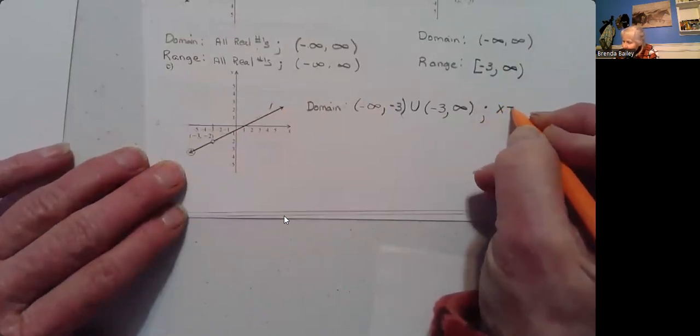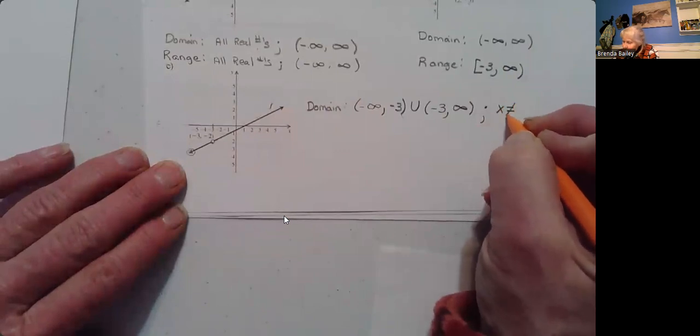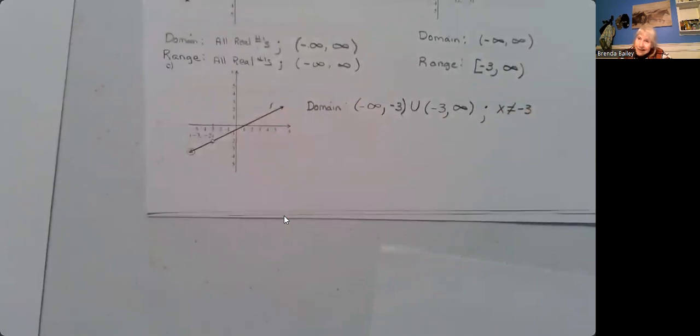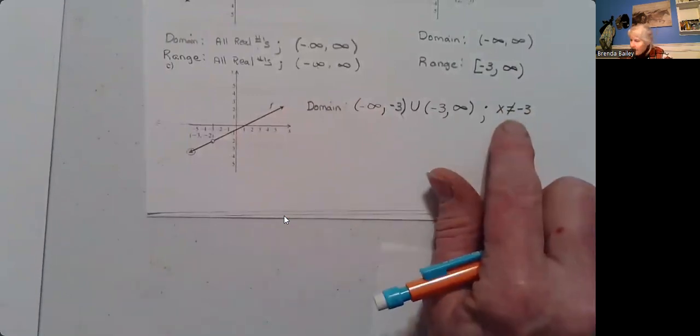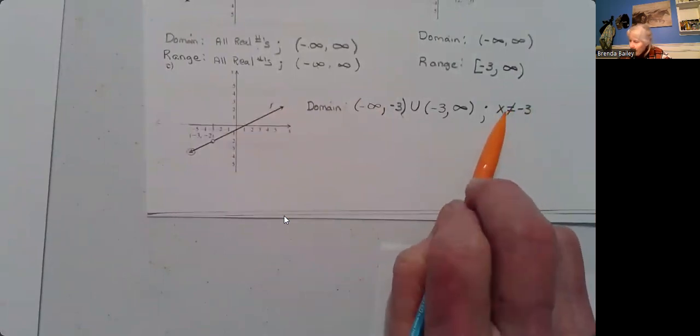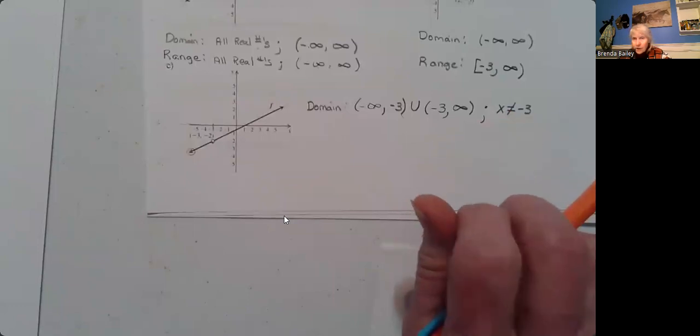X's cannot equal -3. That's it. That's all you have to put. So it's all real numbers except x cannot equal a -3. You know, this is a little bit easier. This symbol would show up down below, and you would write x cannot equal a -3 in your set notation.